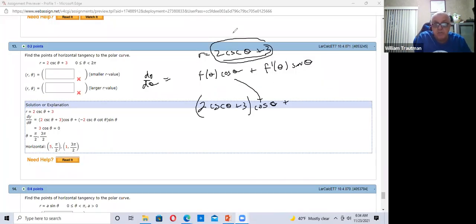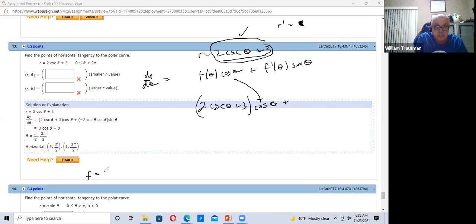When I find the derivative of this, you can go to your calculus derivative sheet and look up the derivative of cosecant. Here's cosecant.